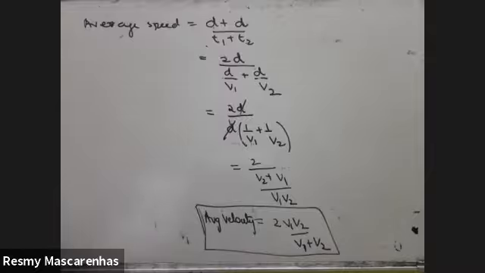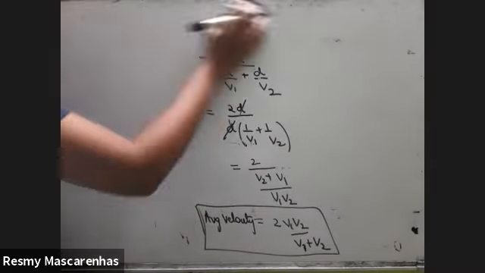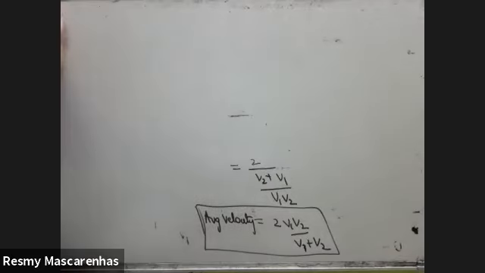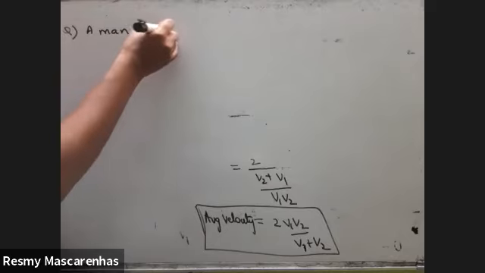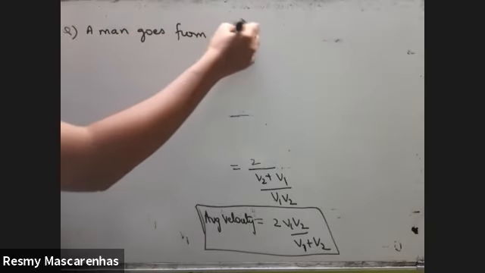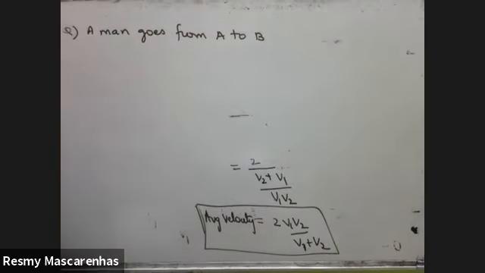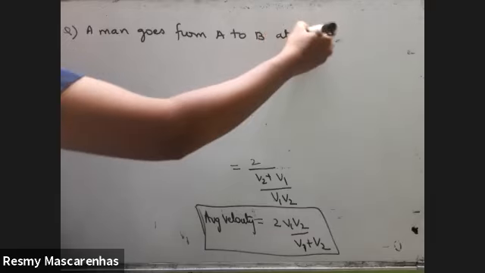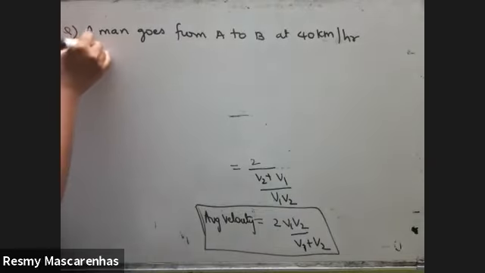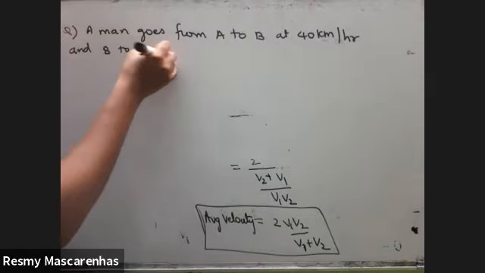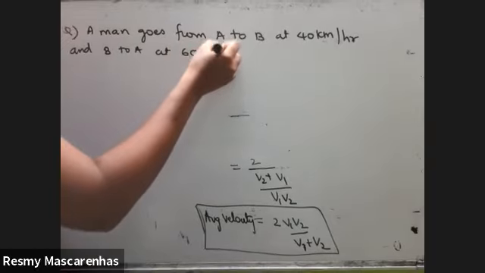I'll give you a problem now in terms of pure numbers. Now suppose the question is: a man goes from A to B at 40 km per hour and B to A at 60 km per hour.